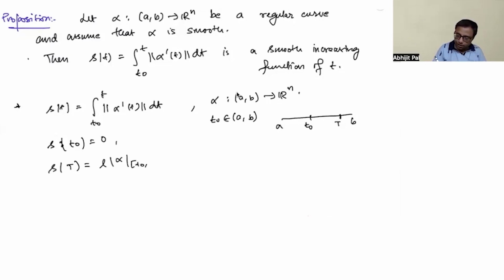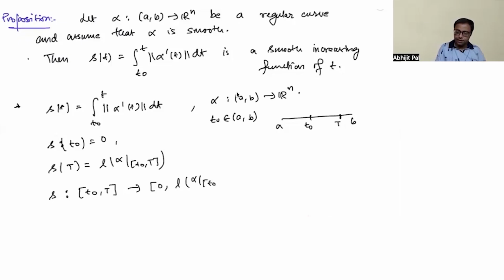Okay, all right. And so we have seen that this S is an increasing function, from this closed interval to this closed interval, starting with 0 and ending with the length of alpha restricted to this closed interval.